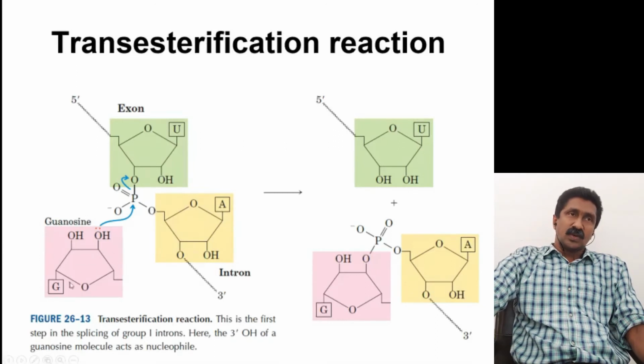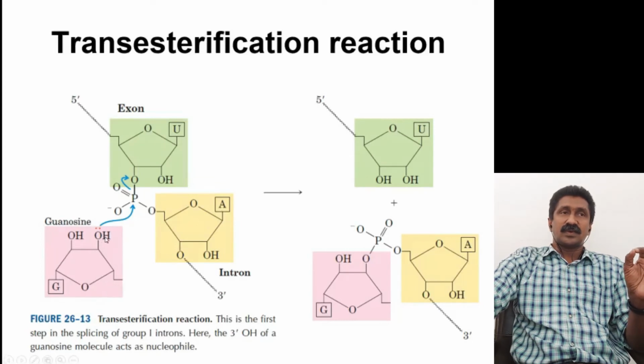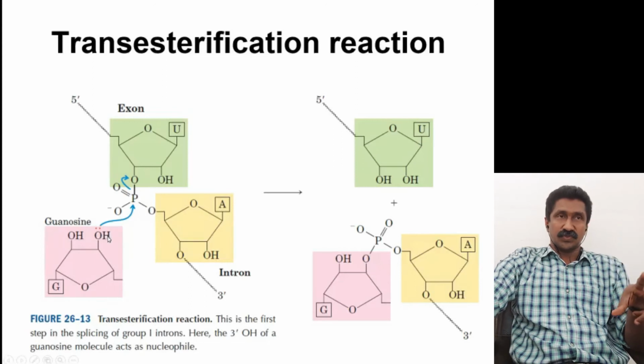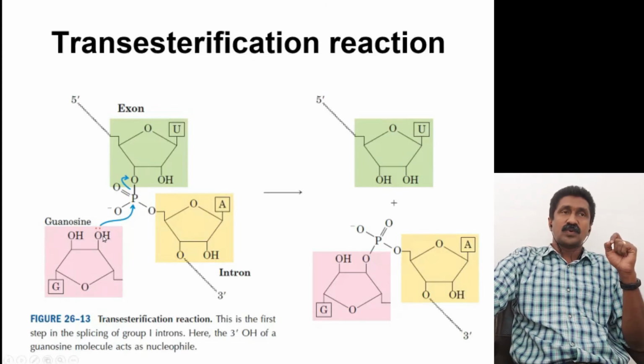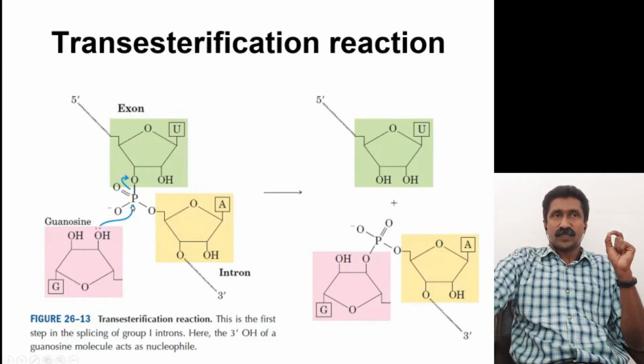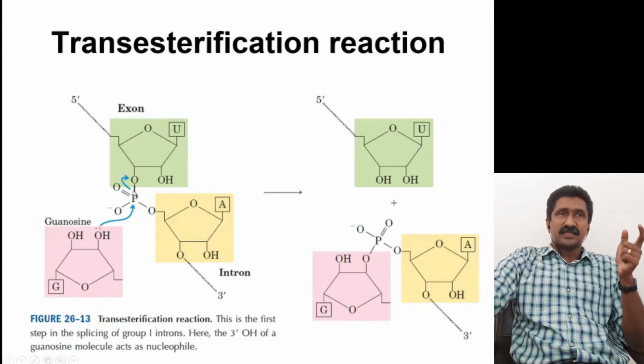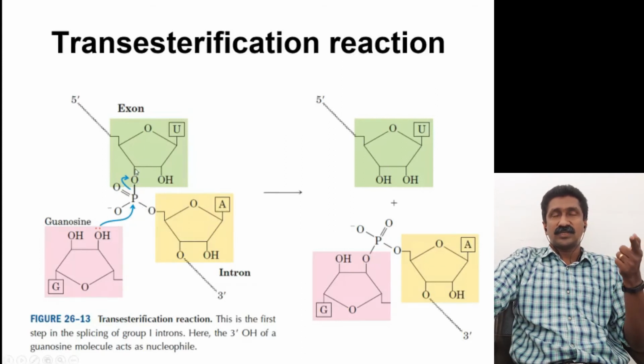In the case of RNA, the incoming nucleotide always has two OH groups because it is a ribose sugar, and this OH group will have a nucleophilic attack on the phosphate group. That results in shifting, because this phosphate is joined to the 3' OH group.